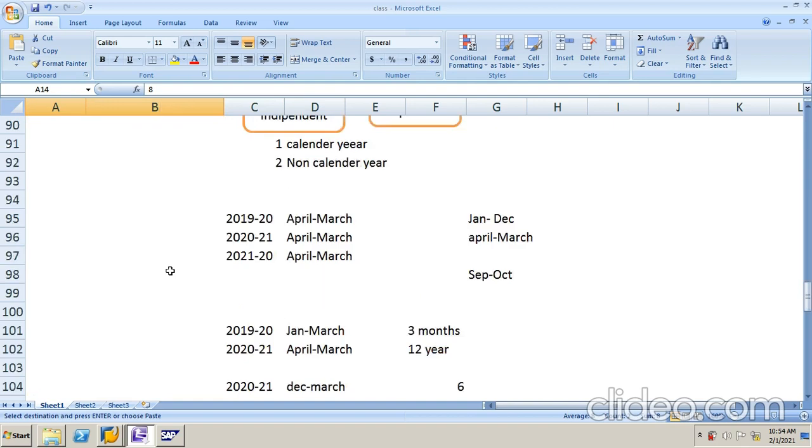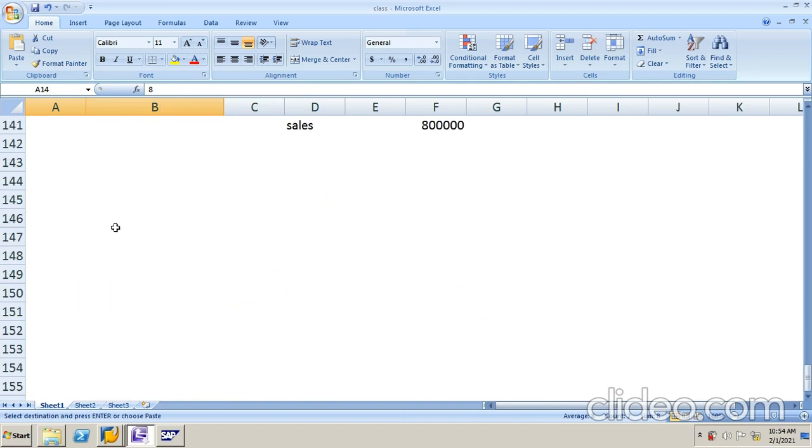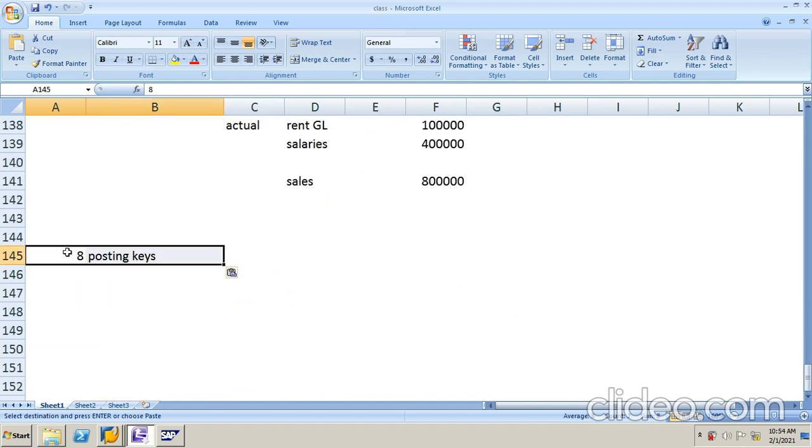First we will see what a posting key is and how it is used. Posting keys are the keys used at the time of posting any accounting transaction. They represent which one is a debit and which one is a credit. I will give you a simple example.